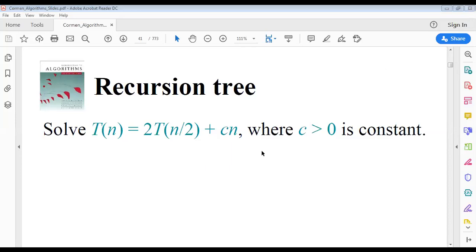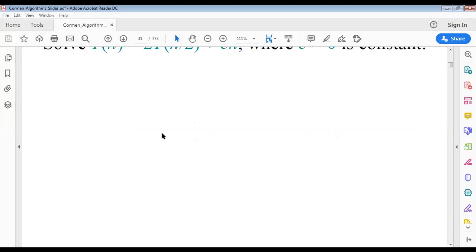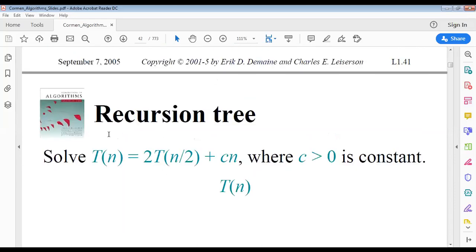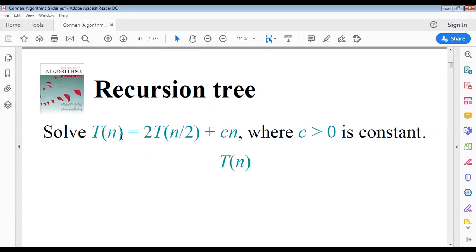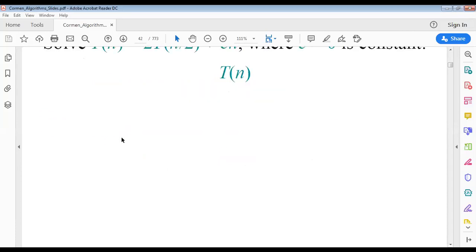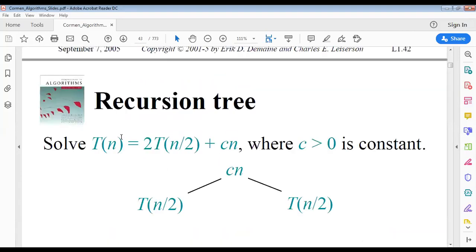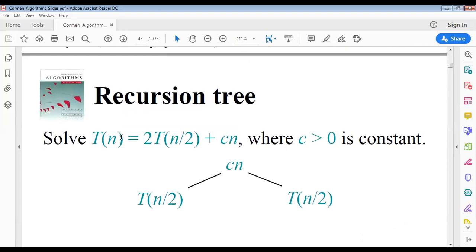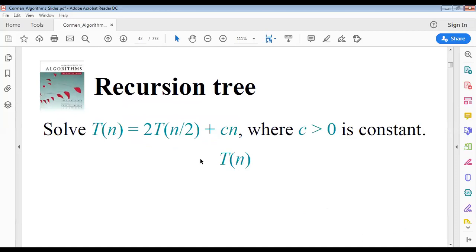Next, how can we draw the recursion tree for this equation? First of all, this is the equation T of n, the time for n elements. For the recurrence, we divide into two portions, and each subproblem is halved. First we have T of n.